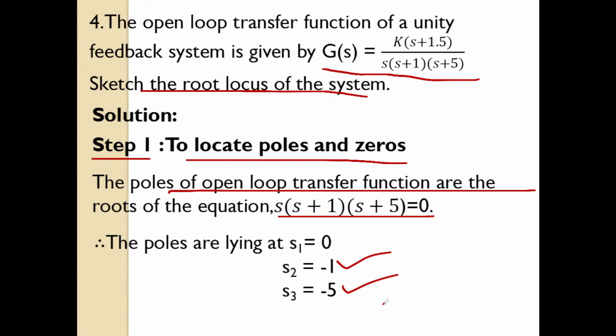We have to plot it on the s-plane to know that. One of the poles among these 3 will meet this zero at minus 1.5, and the other 2 poles through the root locus will meet the zeros at infinity.